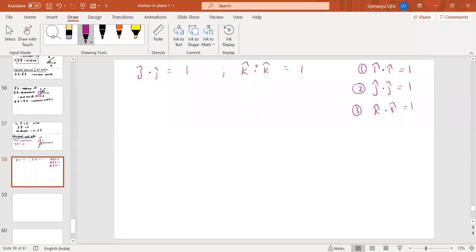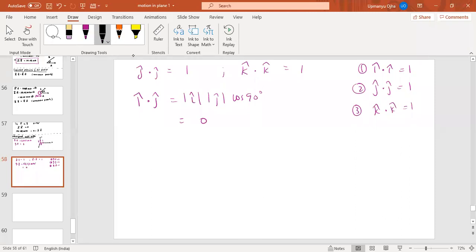Now fourth, what is the value of I cap dot j cap? That would be equal to mod of I into mod of j into cos 90, because the angle between I and j is 90. So this will be 0. So I dot j will be equal to 0.